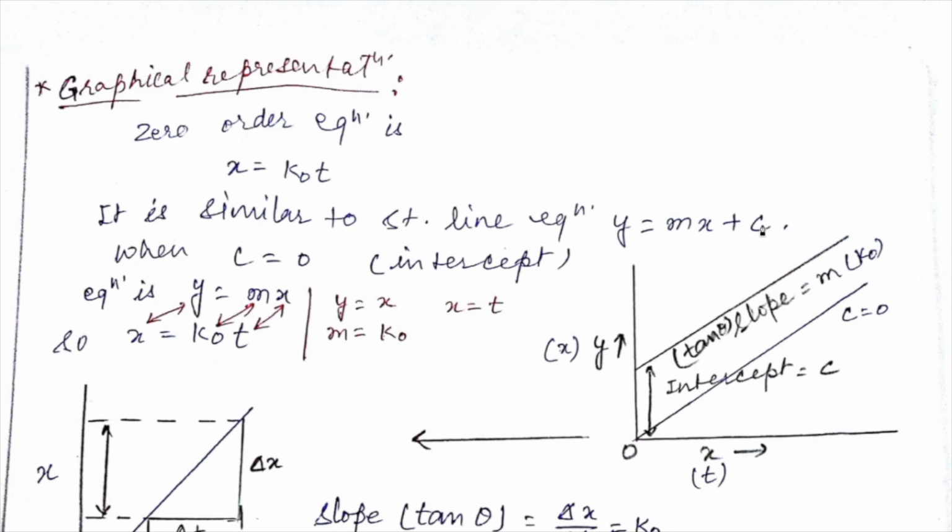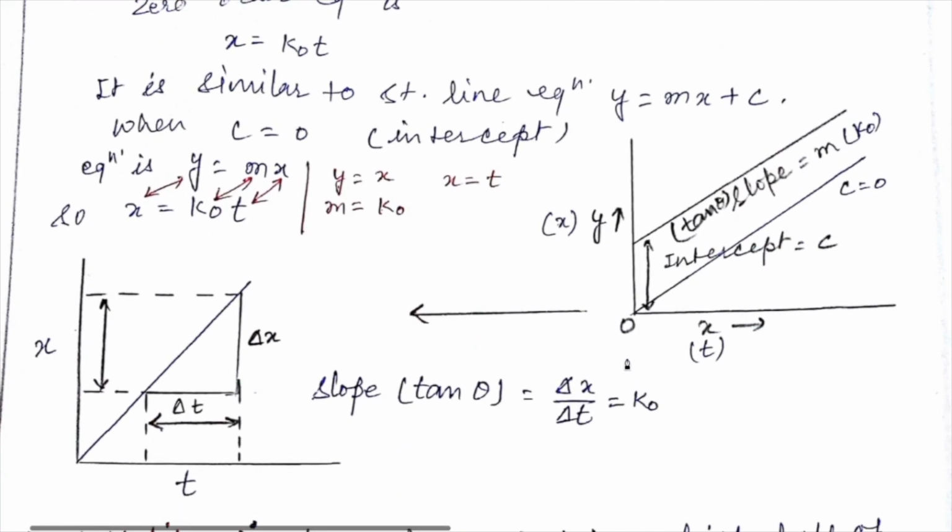Here C is the intercept. Suppose this is the line, so this is C, the intercept on the Y axis. Now in our zero order reaction, C comes out as 0, so the line passes through this point. That means a zero order reaction can be represented graphically like this, as shown here.